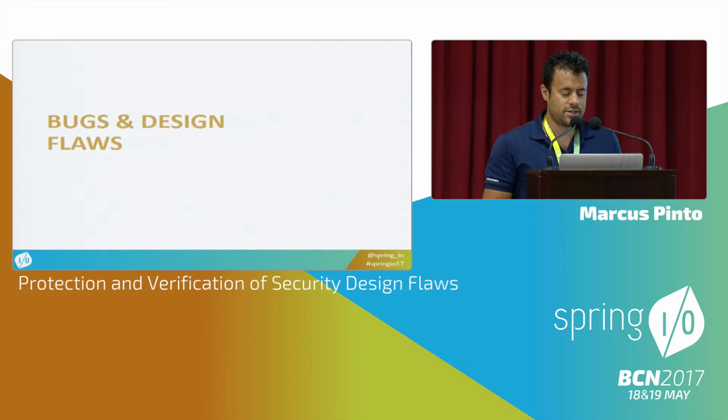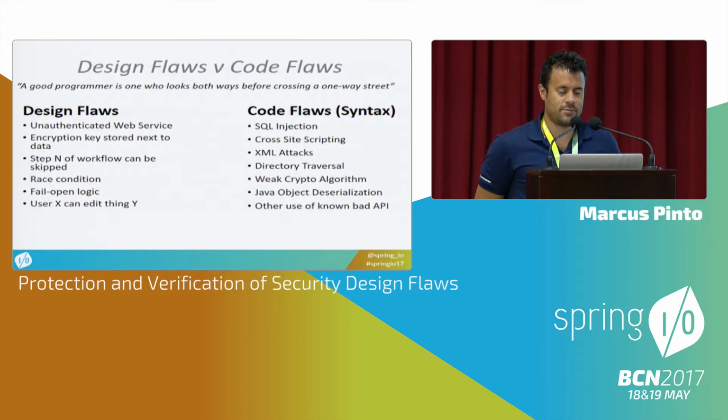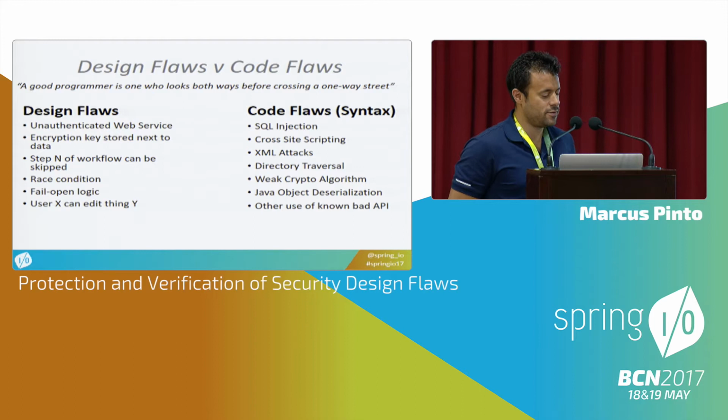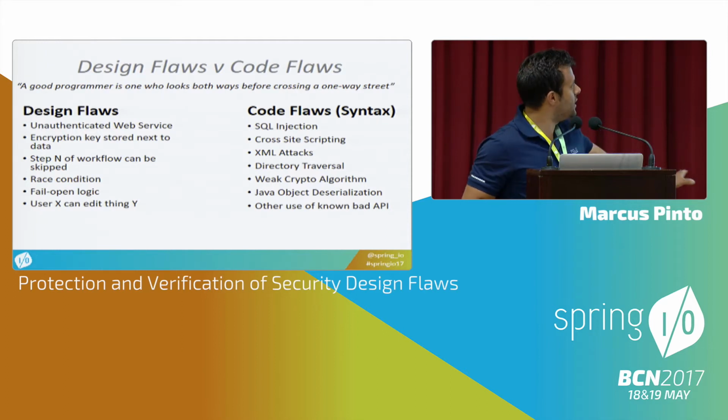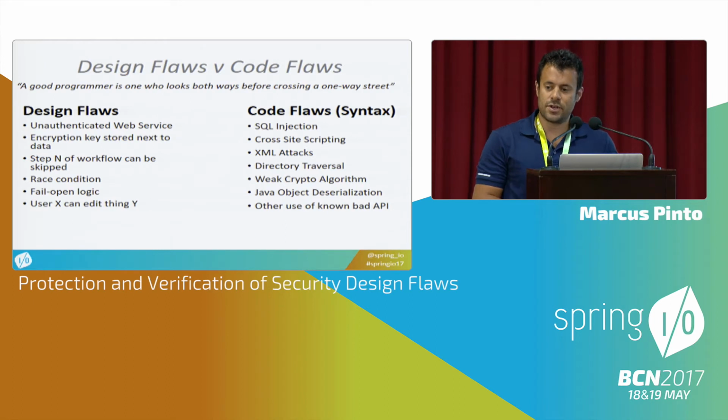Okay, so just to quickly introduce what these vulnerabilities actually are. We categorize them into two main lists. You're probably familiar with some of those. We've seen plenty of examples of things like SQL injection, cross-site scripting, various attacks on XML parsers, and so on and so forth. You could think of all of those as flaws to do with syntax or coding, so rooted in technology. But if you look to the left, those are examples where they're not rooted in technology anymore.